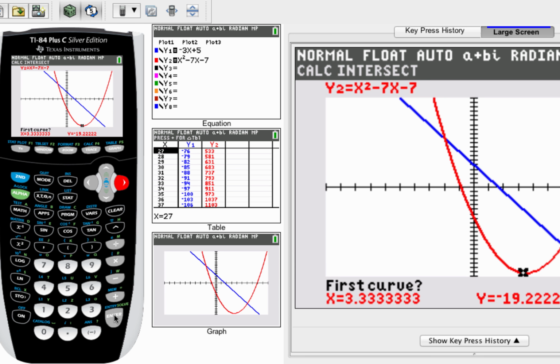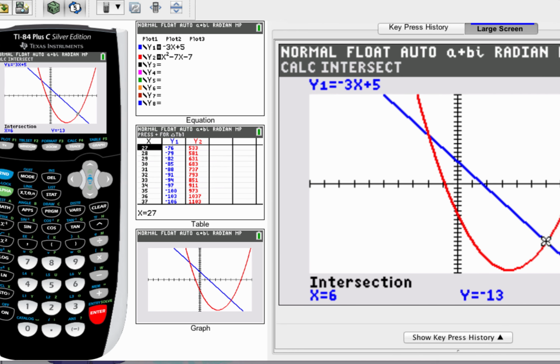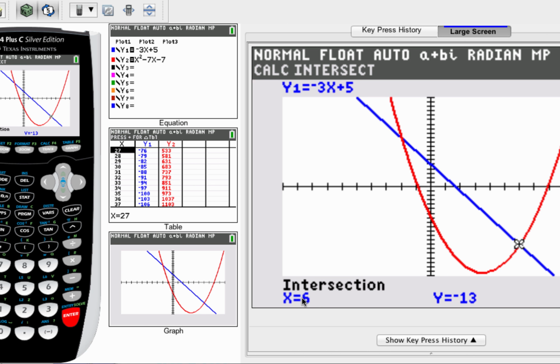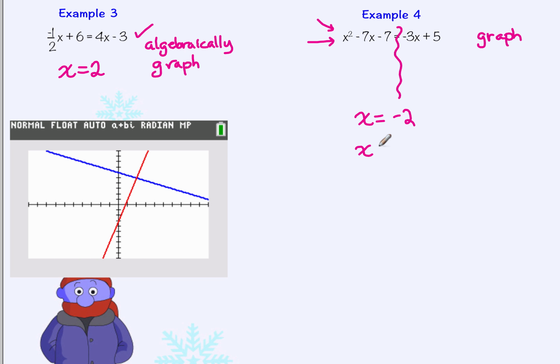And then I'll press enter 3 times. 1, 2, 3. And my other point is x equals 6. And that's all they wanted. They only wanted my x values. Don't see any y's in here, so they don't want my y values at all.